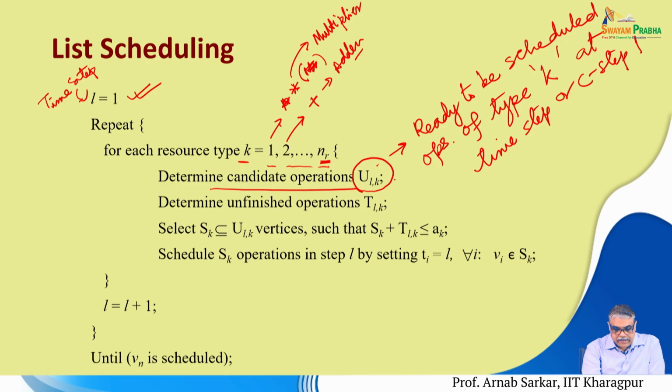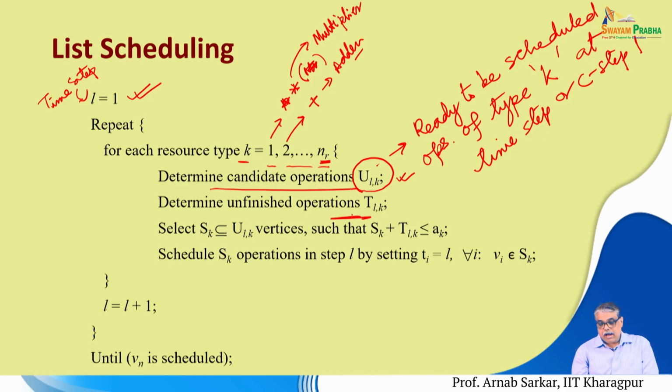So, you determine candidate operations and then you determine unfinished operations. Here you are assuming that not all operations can be completed within a single clock cycle. So, you can come to a clock cycle and have a certain set of operations which started in an earlier time step, but are still running.